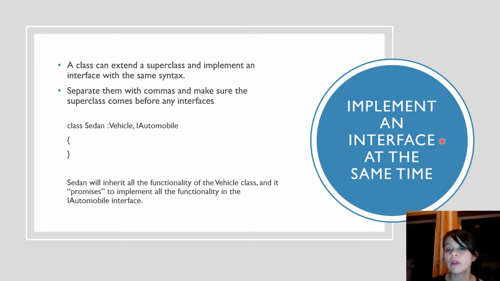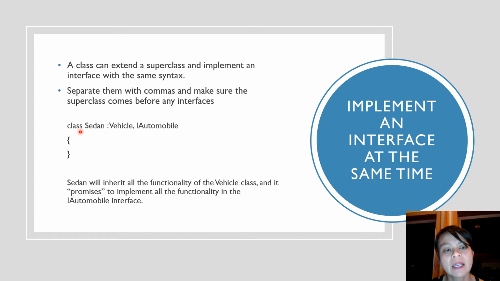You may also want to implement an interface at the same time. A class can extend a superclass and implement an interface with the same syntax. You separate them with commas and make sure that the superclass comes before any interfaces. So this is how you would do it.